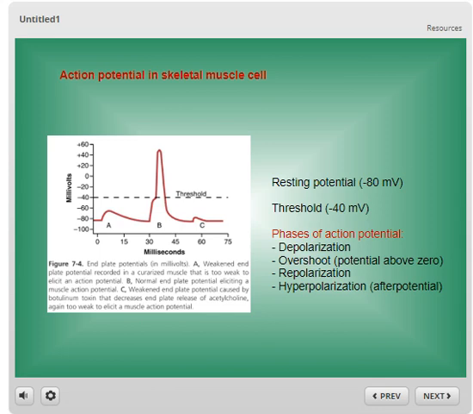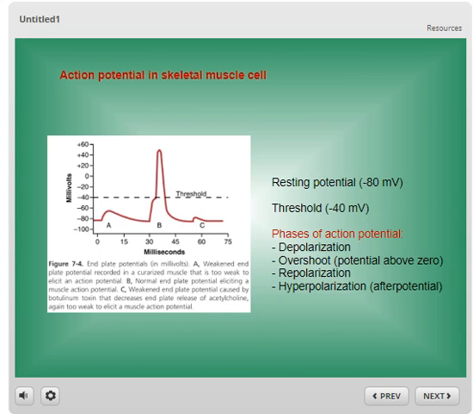In brief, the resting membrane potential is a voltage difference between inside and outside of the cell. And the threshold in skeletal muscle is approximately minus 40 millivolts. I told you, threshold is the critical level of depolarization that must be reached for an action potential to occur.